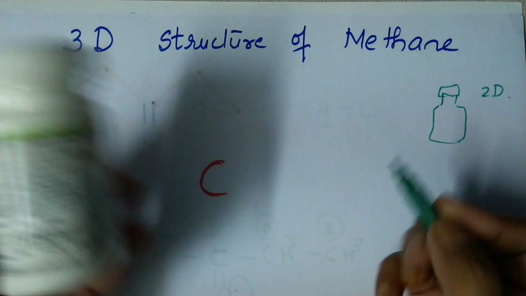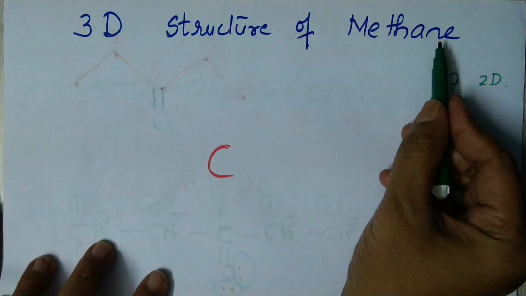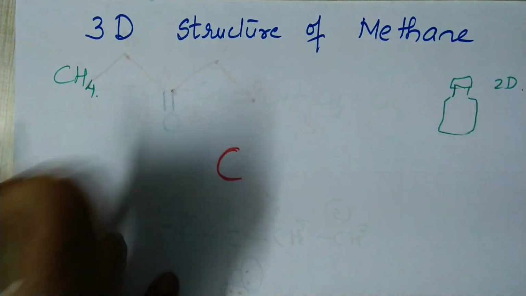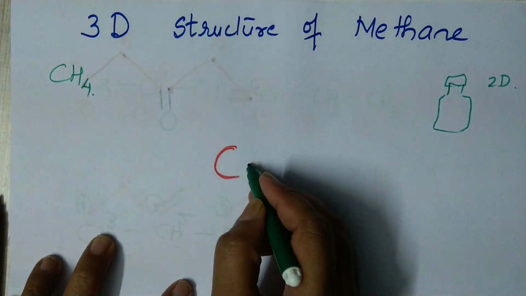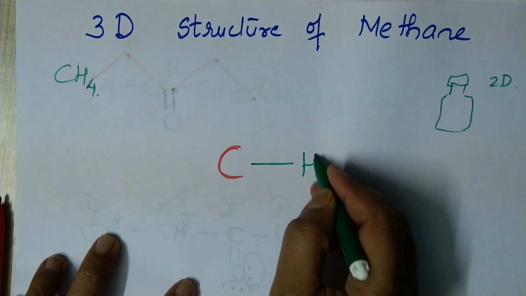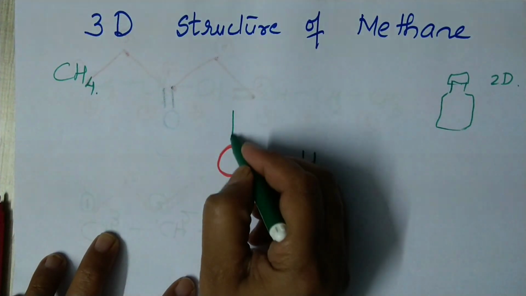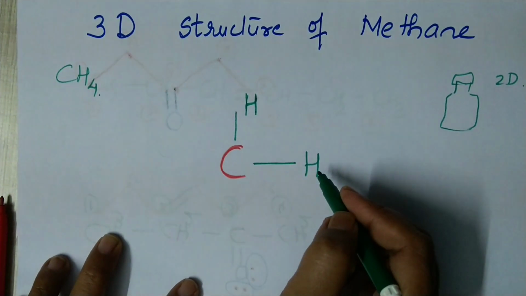So how do I convert this 2D into 3D? I'm not going to show how to write this bottle, but I'll show you how to write the structure of methane. So what is the formula of methane? CH4. So I need to show 4 hydrogen atoms. 2 hydrogen atoms are present on the plane of the paper like this. So I have written 2 hydrogen atoms on the plane of the paper.